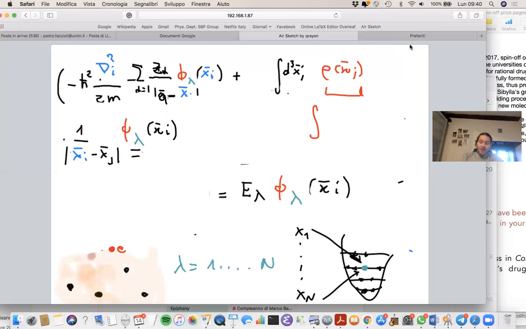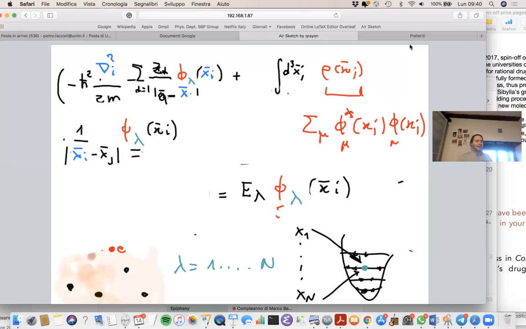And this charge is itself a sum of single particle densities. Because what is the charge density? It is the probability of having an electron at a given point, right? So it appears that to solve for the equation of phi lambda, I need to know all other wave functions of all the other electrons in the system.